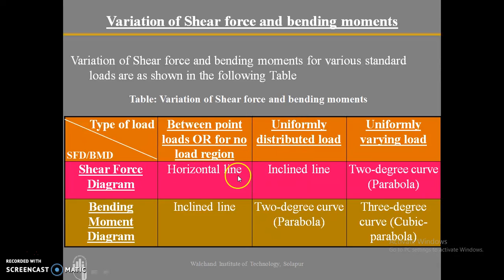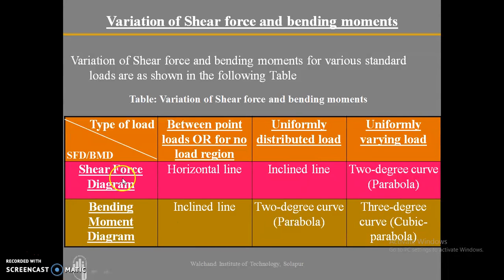For uniformly distributed load, the shear force diagram is inclined. For uniformly varying load, the shear force diagram is a 2-degree curve. In the same way, for the bending moment diagram we have these guidelines. Between point loads or in a no load region, we get an inclined line. For uniformly distributed load, we get a 2-degree curve. For uniformly varying load, we get a 3-degree curve.